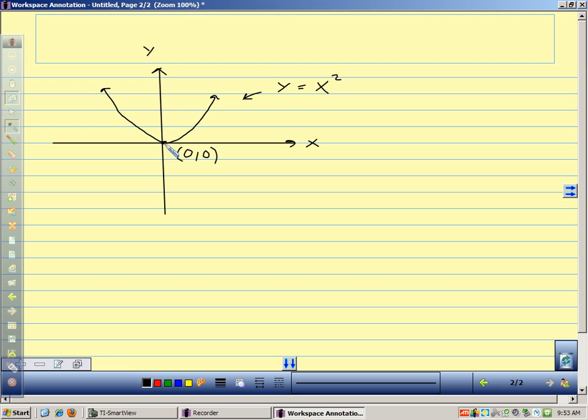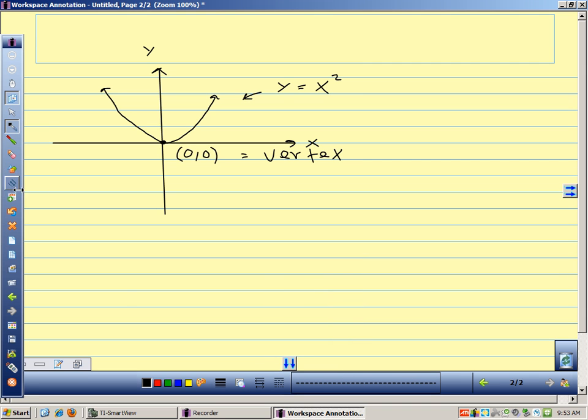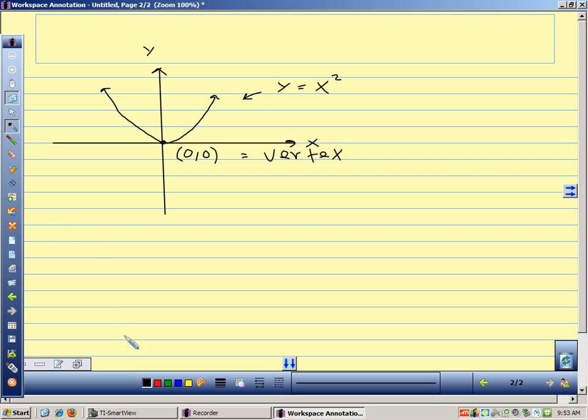This point is the vertex. And the y-axis is the axis of the parabola. So let me draw a bigger dotted line in there.